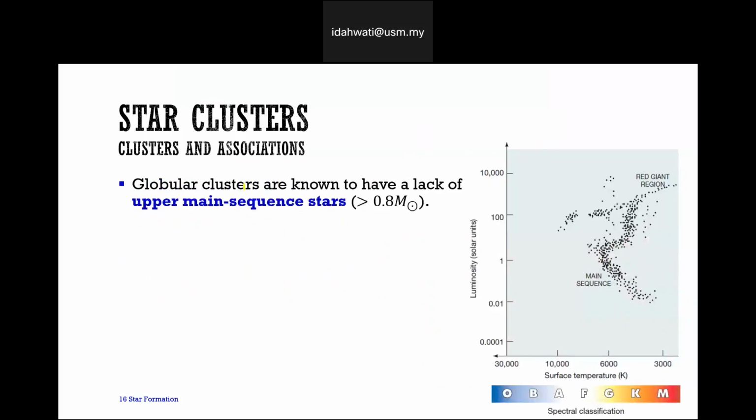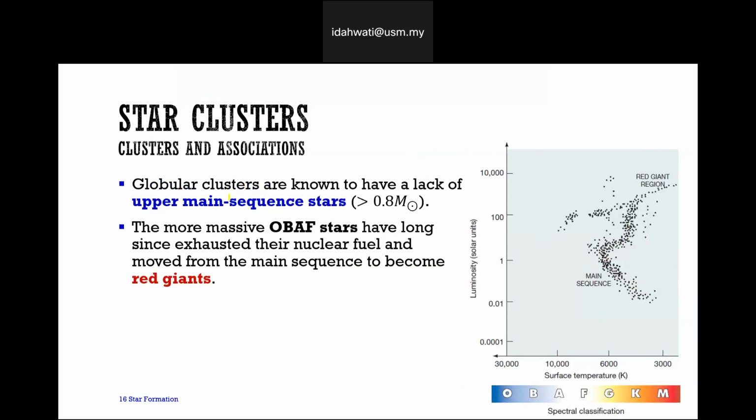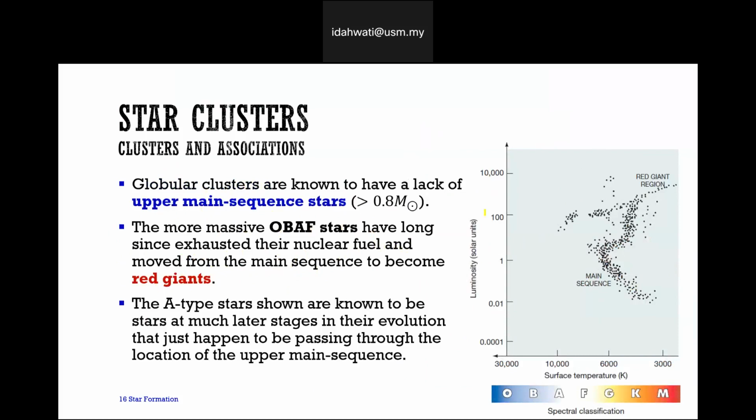Globular clusters are known to have a lack of upper main sequence stars. The more massive OBAF stars have long since exhausted their nuclear fuel and moved off the main sequence to become red giants.